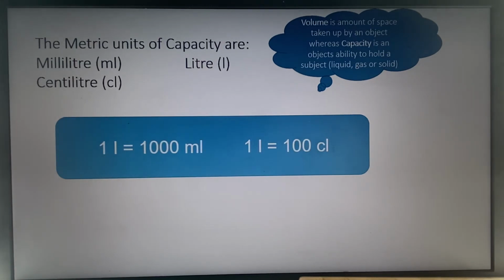So for our capacity, for our sort of liquid volume, we've got 1 litre is 1000 millilitres. Or we could express litres in centilitres. 1 litre is 100 centilitres. So we've got milli meaning thousandths and centi meaning hundredths. So that's where that terminology comes from.